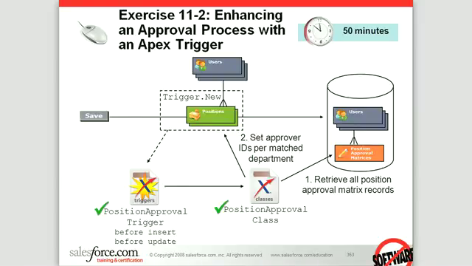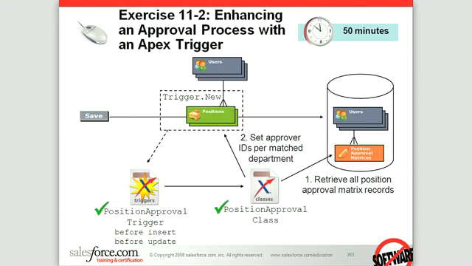Now there's a trigger, and the trigger is the thing with the yellow explosion in the lower left-hand corner. And this is some code that exists up on the server that when an insert or an update of a position record occurs, we fire off the trigger.